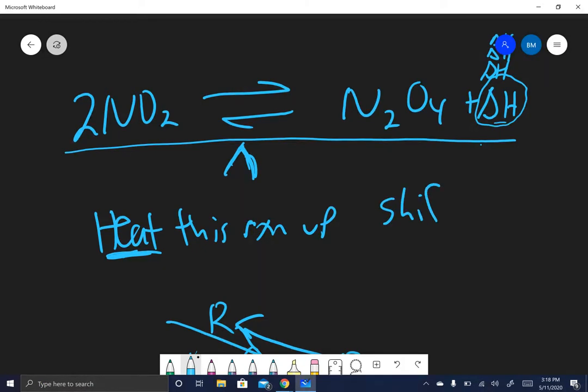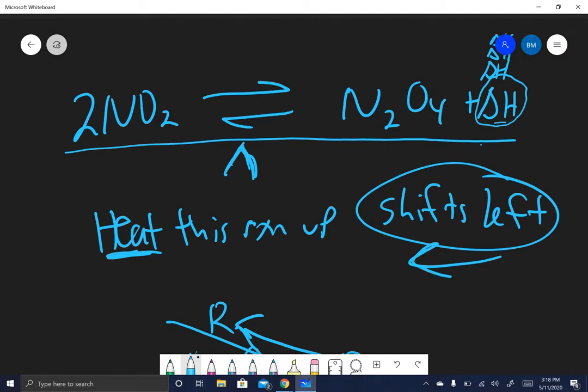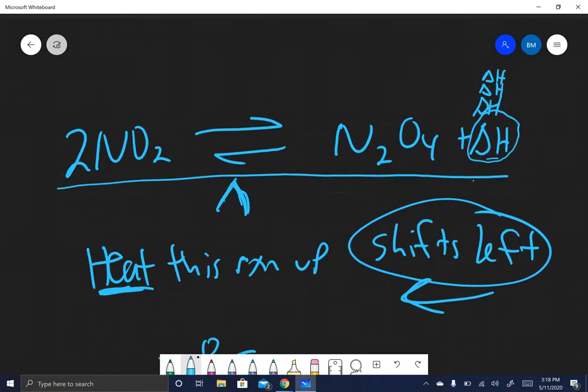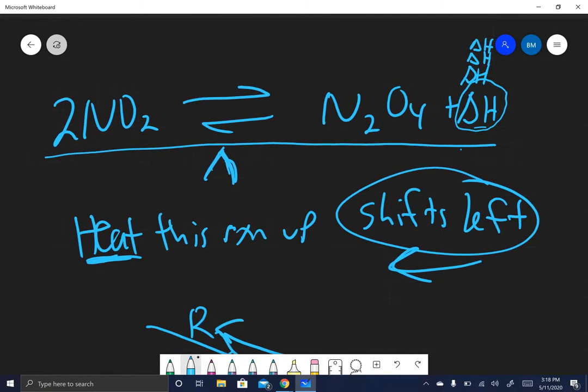It shifts left. And if you're going in that direction, you're making more NO2, less N2O4. That's why this side will go down and the other side will go up, and it'll eventually be back to equilibrium. I know this is really tough to learn this way, but it's the best I can do right now.